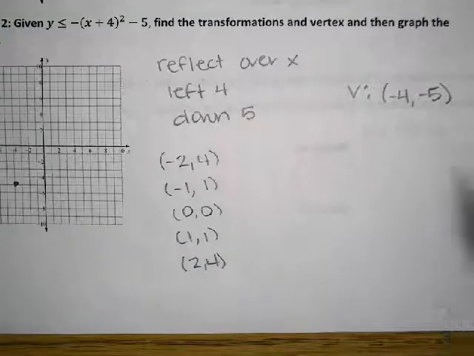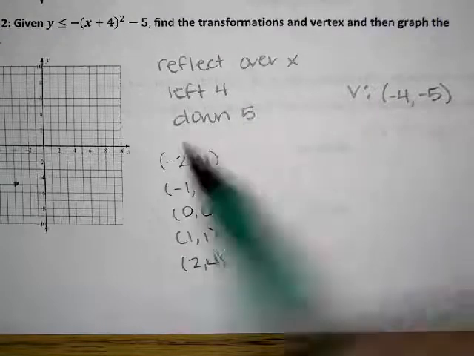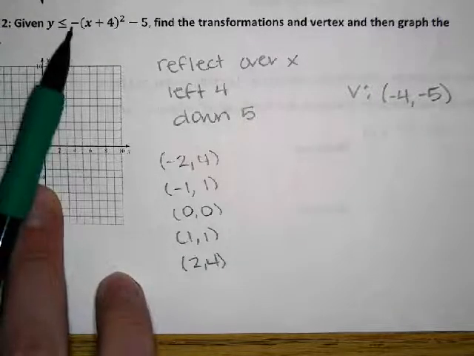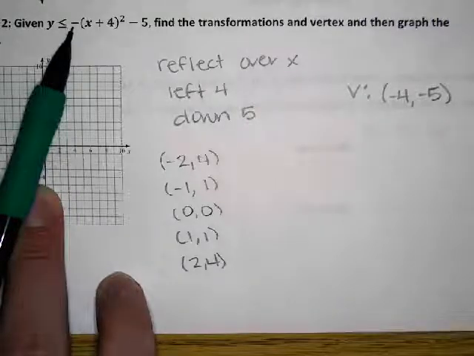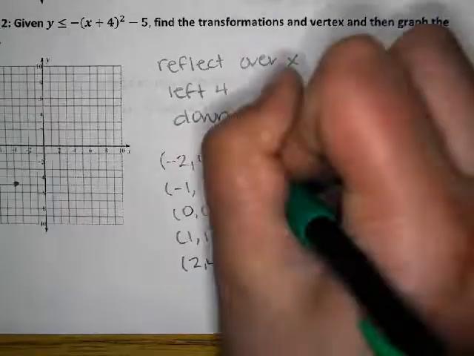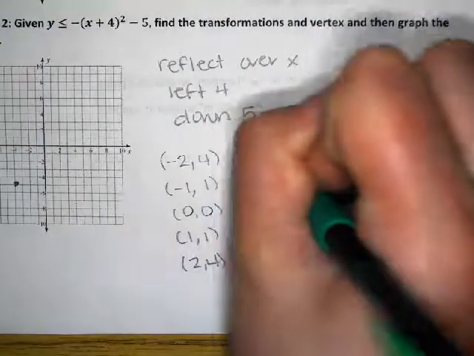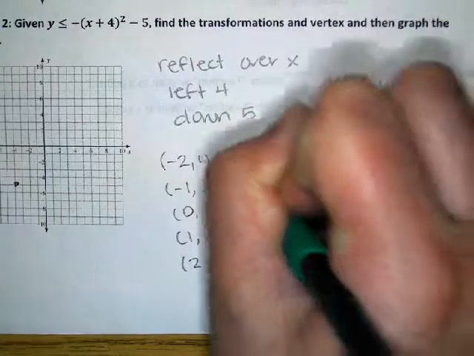Okay? So how do we take the points and reflect over x? We take the y values and we multiply by a -1. So I'm going to keep the x's the same, change the y's.